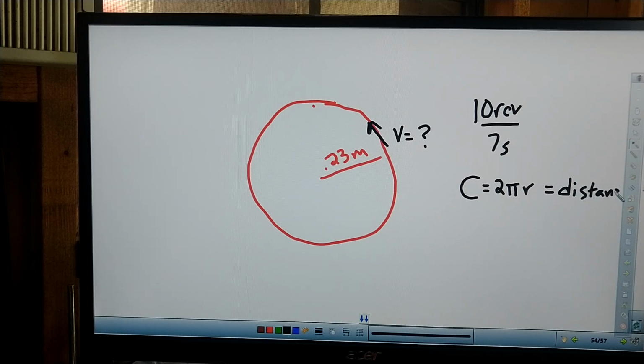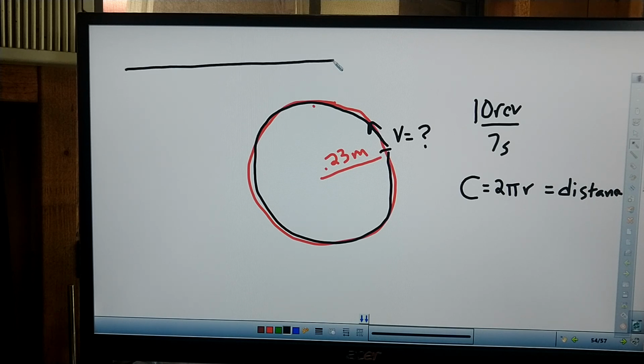If this piece of tape goes around a circle, and we cut that circle and laid it out straight, it's just a straight line, right? So C equals 2 pi r is that distance. Then you can use velocity equals distance over time to find the velocity of the piece of tape.